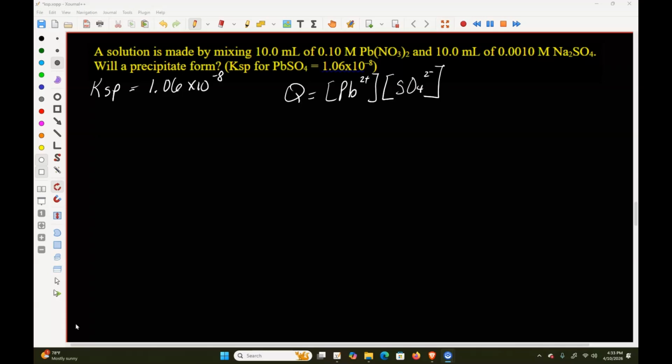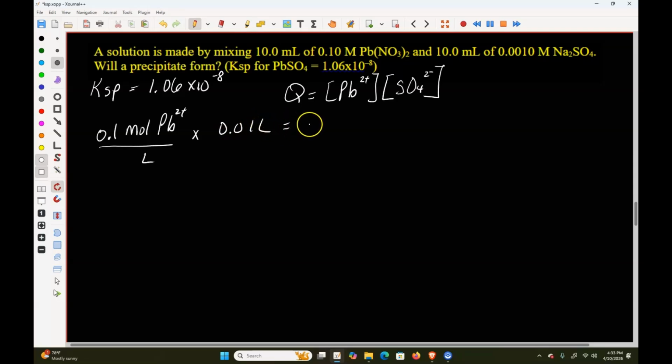Okay, let's find the concentration of lead. So I have 0.1 moles of lead per liter, times 10 milliliters, that'd be 0.01 liters. That would give me 0.001 moles of lead 2 plus.